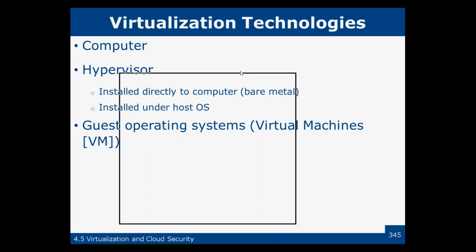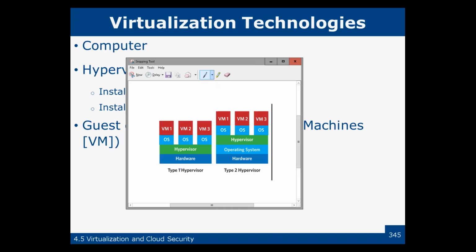An image of what this might look like. We have type 1 hypervisor and type 2 hypervisor. Type 1 is the bare metal: the hardware, and the hypervisor is installed on top of the hardware.